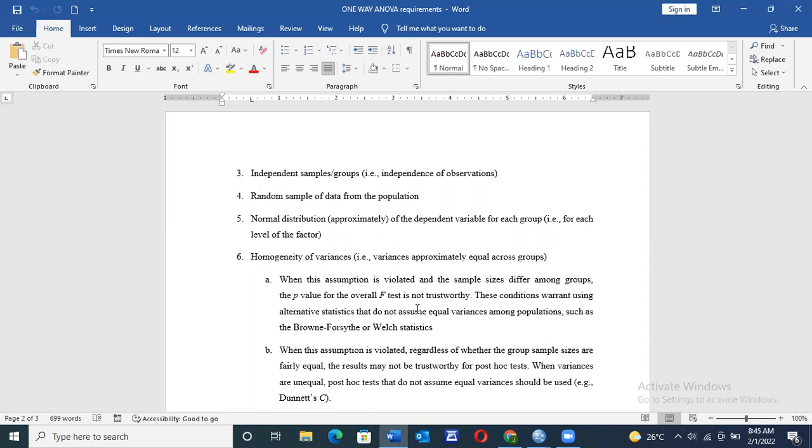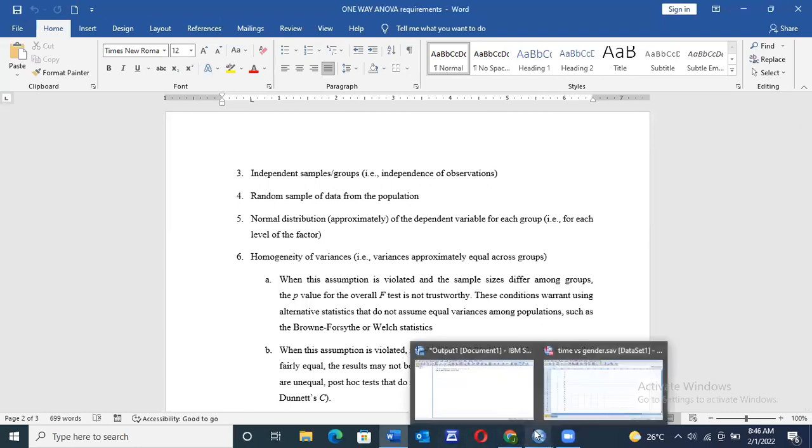This condition warrants use of alternative statistics that do not assume equal variance among populations, such as the Brown-Forsythe or the Welch statistics. The Brown-Forsythe or Welch statistics is normally used to correct the p-value when equal variance is not assumed.